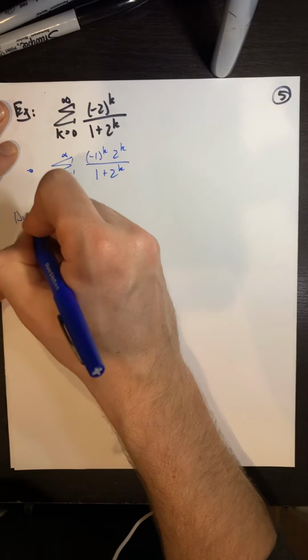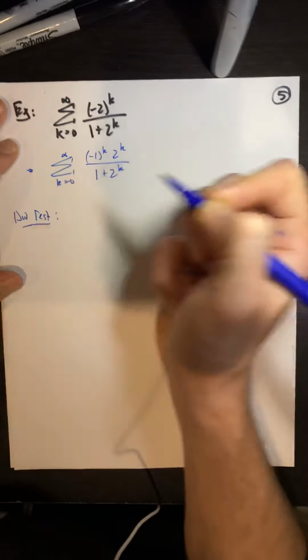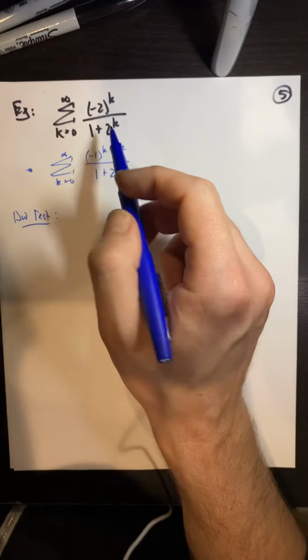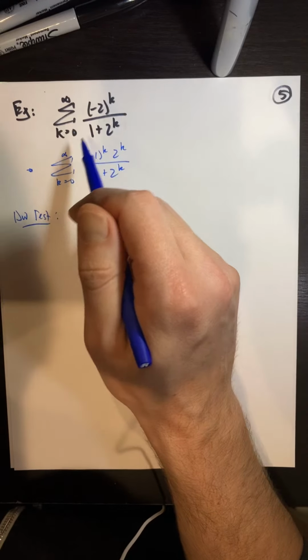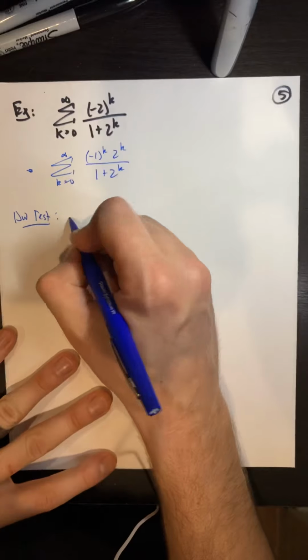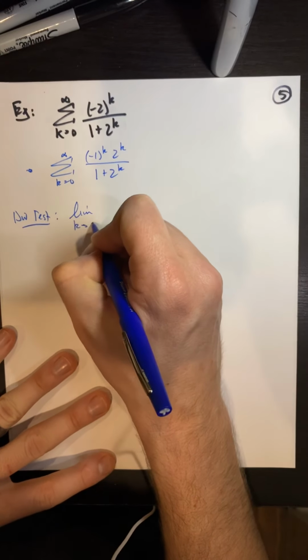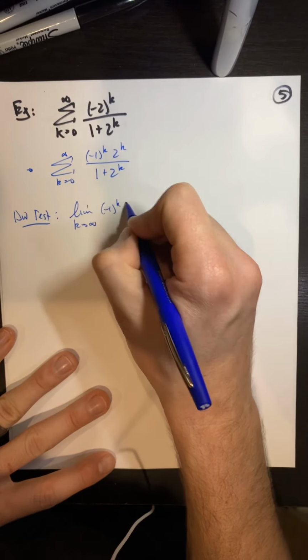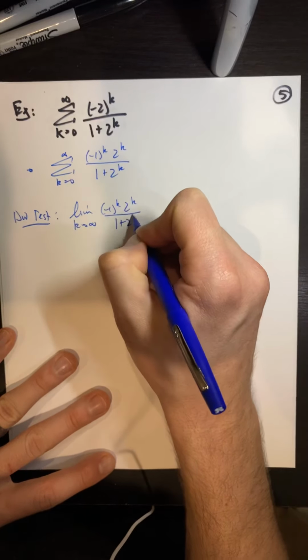Now again, the first test you should always do is the divergence test. Now I could just start doing the ratio test here or something else, with the absolute value, trying to look for absolute convergence, but always do the divergence test first. And so I want to do the limit as k goes to infinity of negative 1 to the k, 2 to the k, over 1 plus 2 to the k.